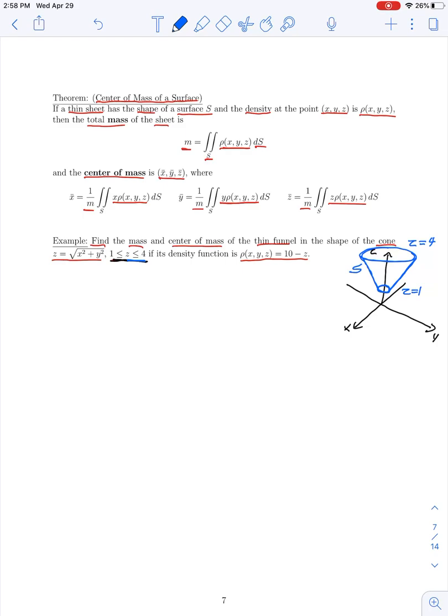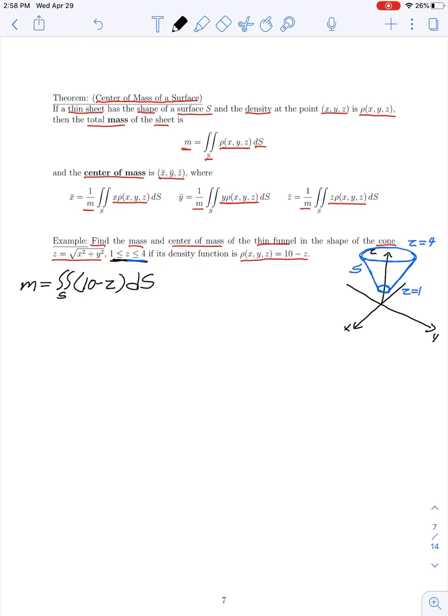So now, if we are asked to find the mass of this funnel, well, we know that we're supposed to evaluate our surface integral over the surface S of our density function, which was 10 minus z with respect to surface area.